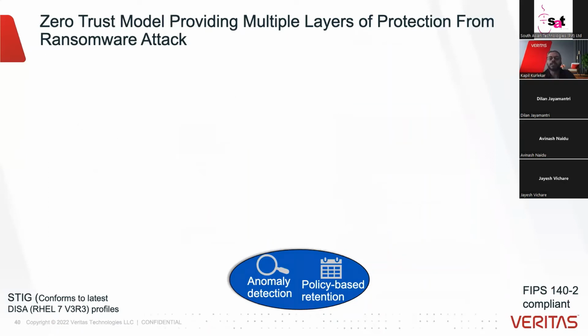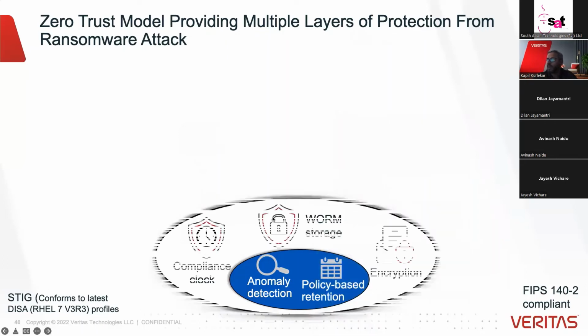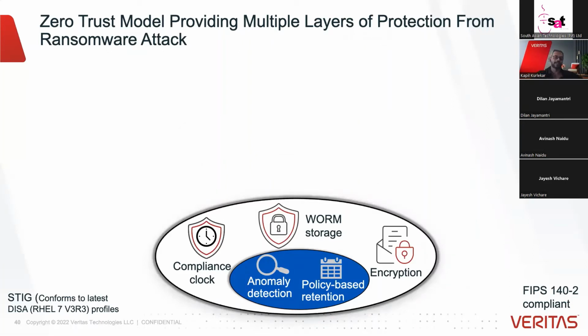Let's look at the security hardening that you will get with NetBackup Flex Scale. As we have seen, we already have anomaly detection and policy-based retention. On top of that, we have already taken a look at the compliance log, which we just saw in the previous slide, which is the compliance as well as the enterprise mode.